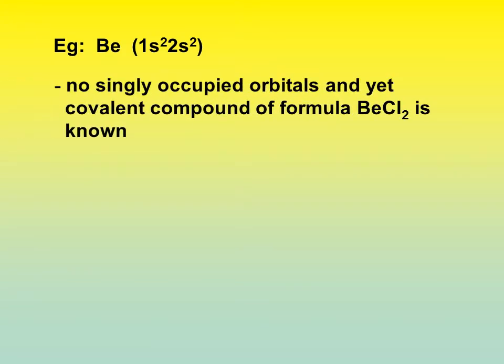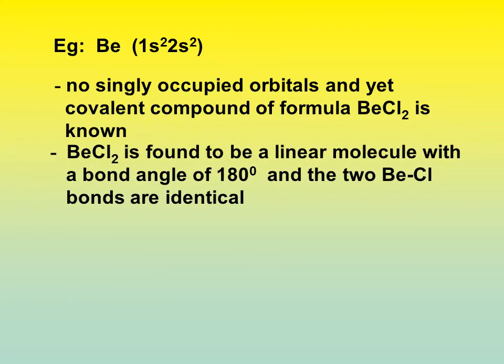The same goes for beryllium, which is 1s2, 2s2. In this case, we do not expect any bonds to be formed since there are no unpaired orbitals. Yet, BeCl₂ has been found to be a linear molecule with a bond angle of 180 degrees.